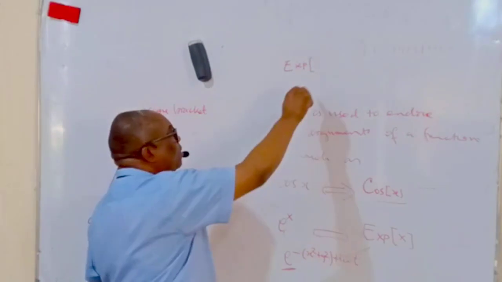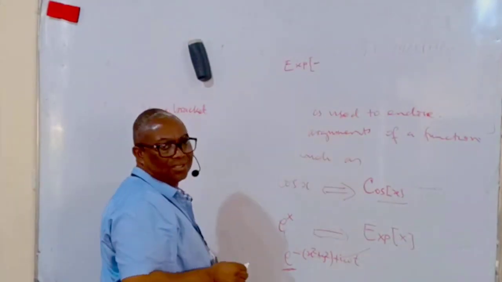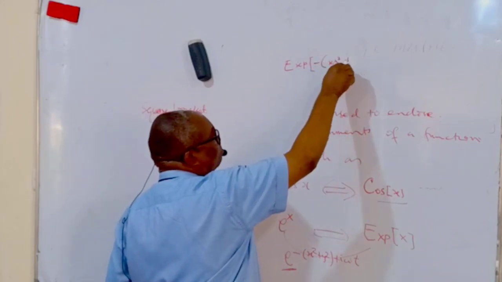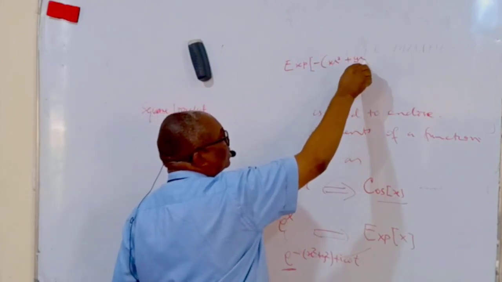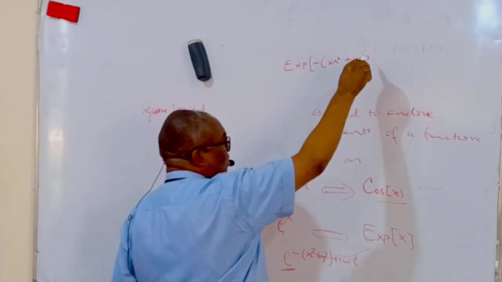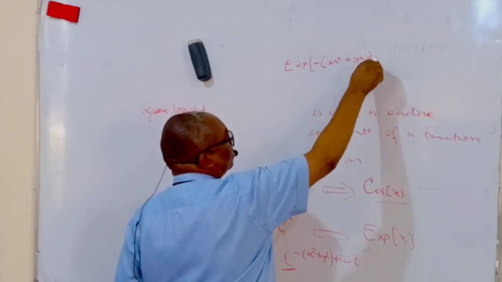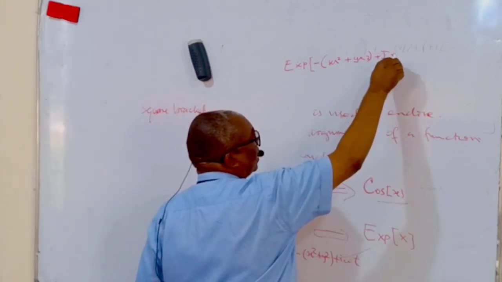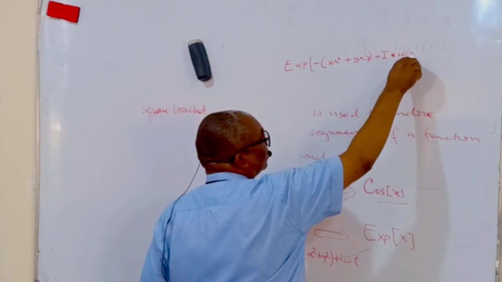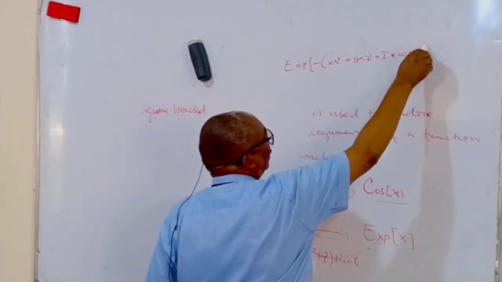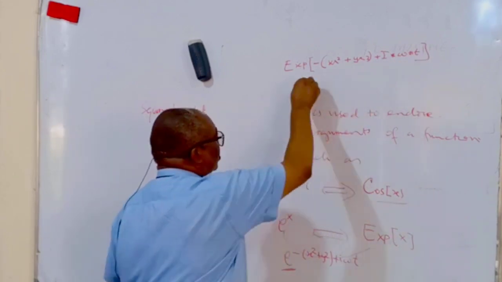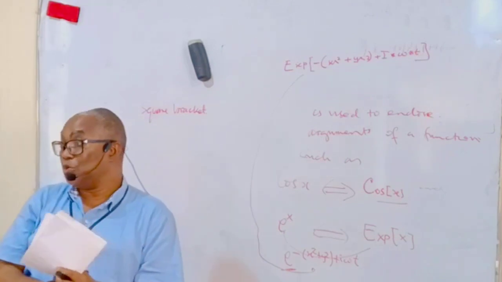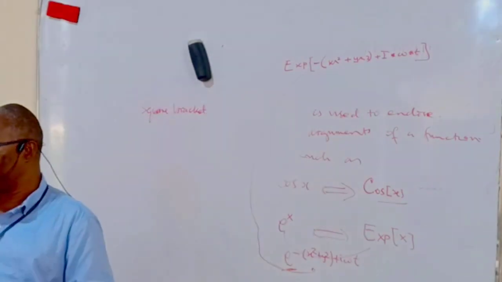Now, that will be minus of x squared plus y squared, plus I times omega times t. I must close this. So this is the same as this expression. That's the way Mathematica can now use it to do a computation for you.